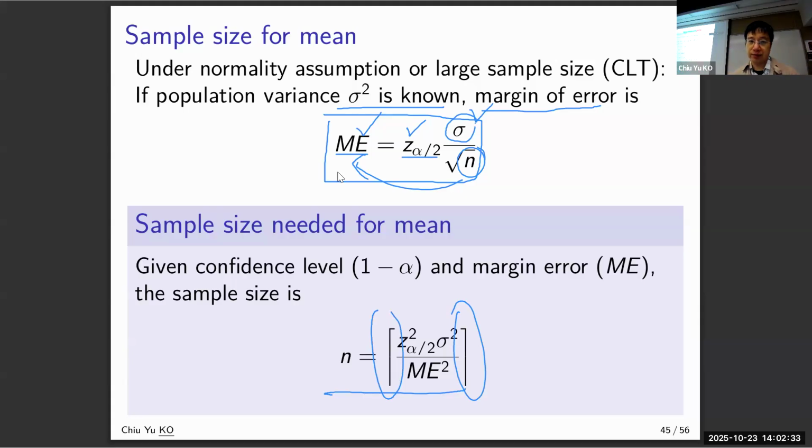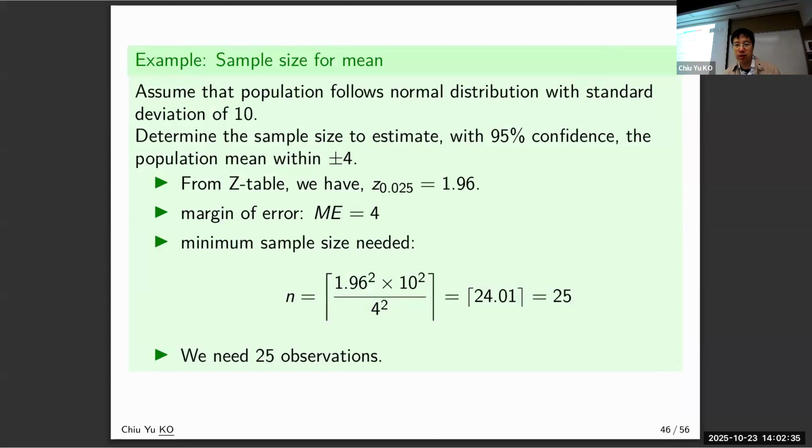Let's see the example. Assume I know the population follows a normal distribution with a standard deviation of 10. As I told you, how do we estimate 10? Maybe the data is from 80 to 120.